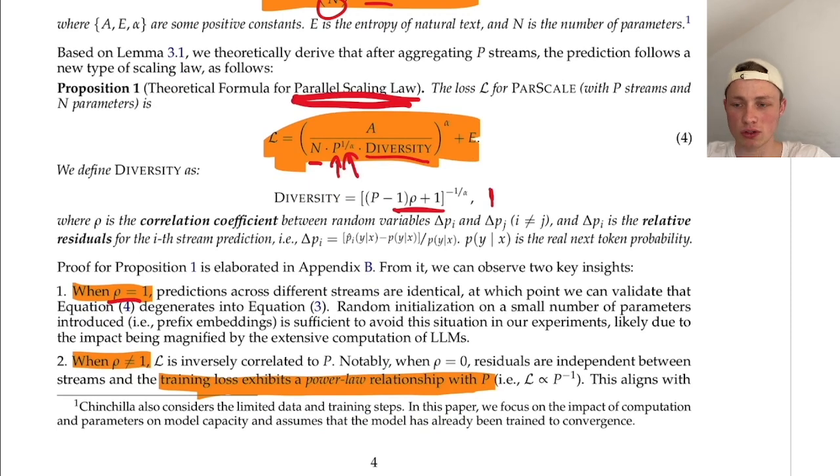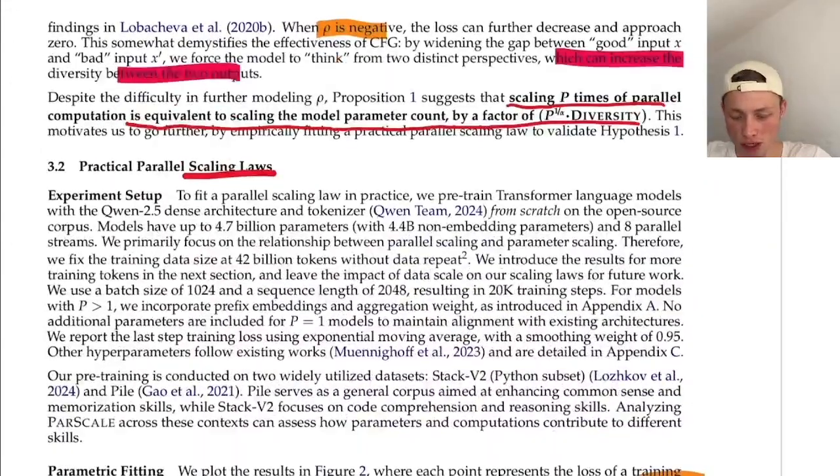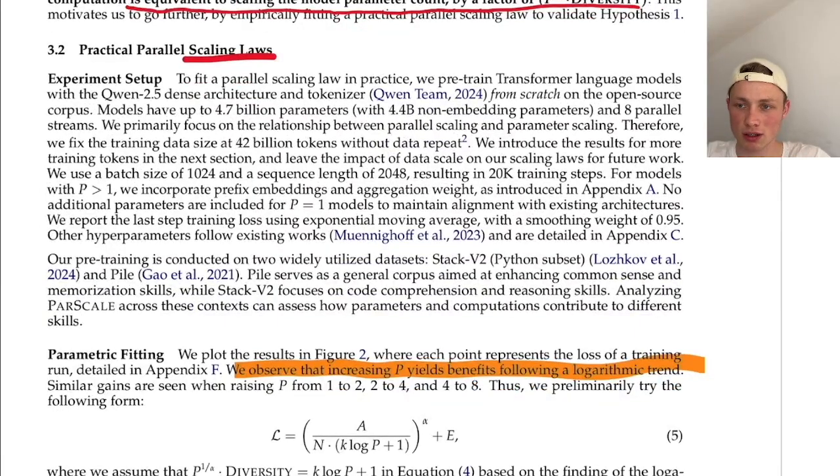But if P is unequal to 1, so we have a correlation, then we have a benefit by using more parallel computations. So from this, they are introducing the practical parallel scaling laws.